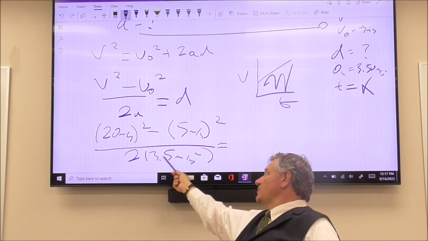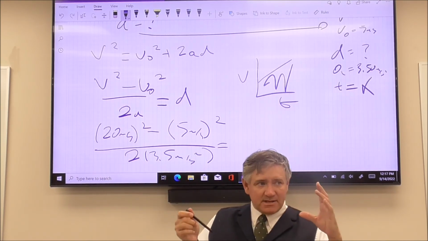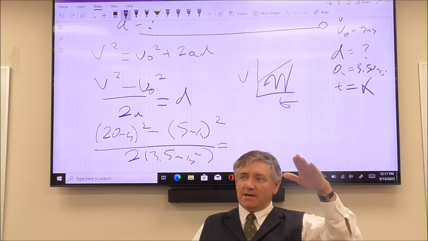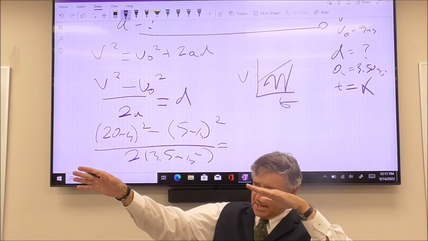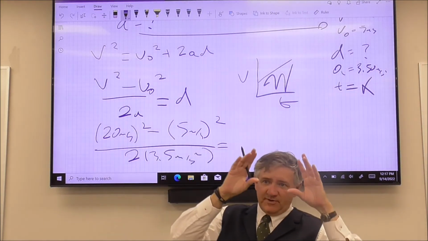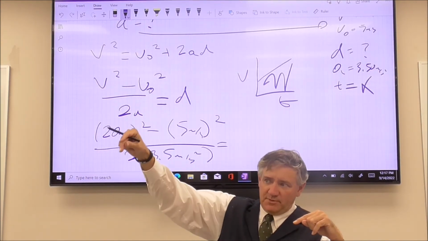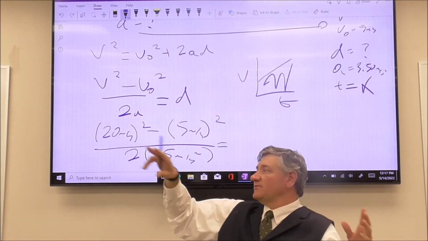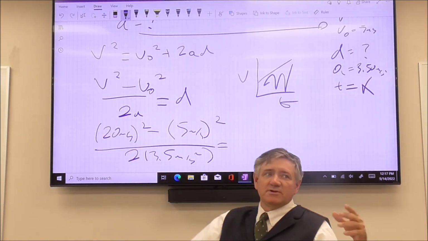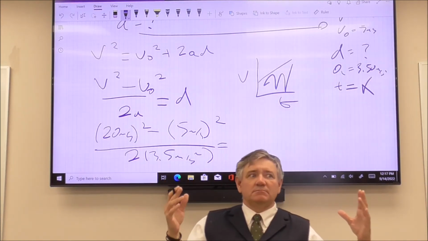If you're going to do that, you have to put that in brackets, because if you put divide by 2 times 3.5, it will literally divide it by 2, get an answer, and then multiply that whole thing by 3.5. And that's a huge difference as compared to dividing by 7, okay?